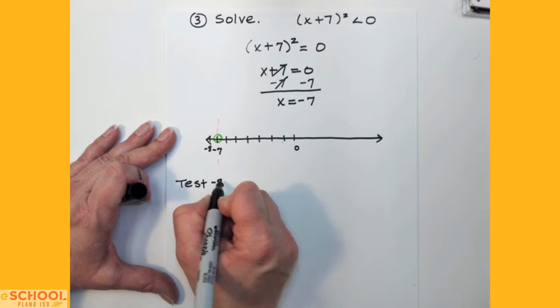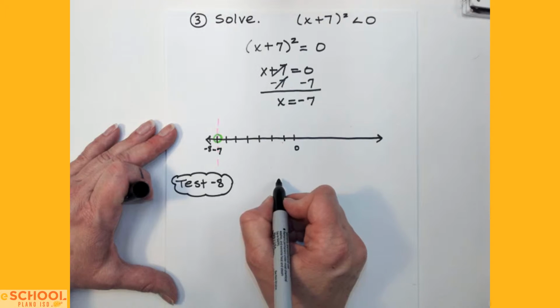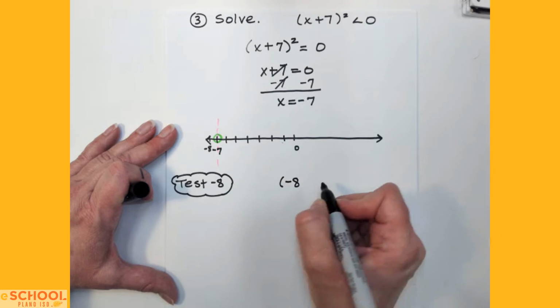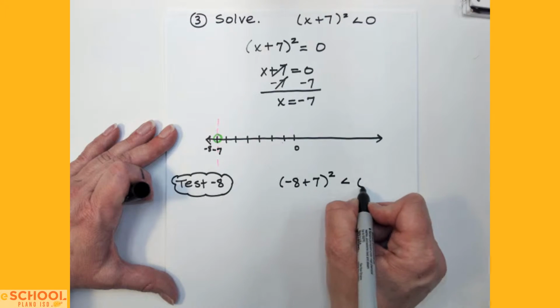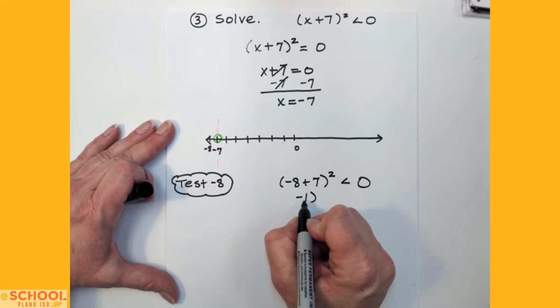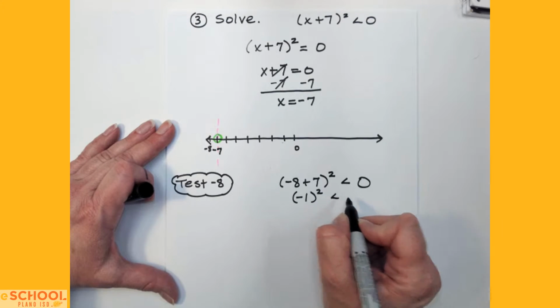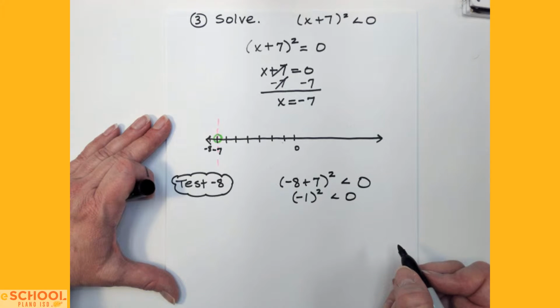So let's plug negative 8 into my inequality and see if it makes a true statement. So I'm plugging in negative 8 for x in (x + 7) squared. Is that less than 0? Well, negative 8 plus 7 is negative 1, squared, less than 0. And when you square any negative number, no matter what it is, you're going to end up with a positive.